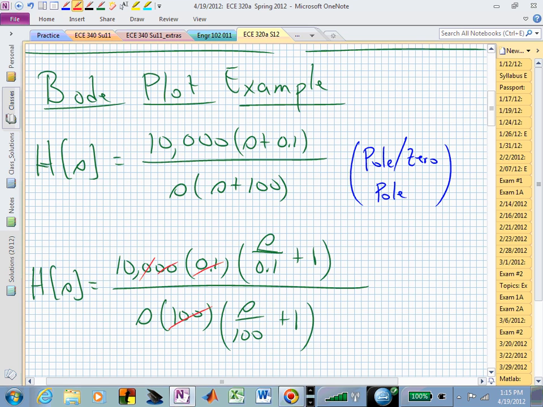You have two poles, each contributing minus 90, and you have one zero contributing plus 90. So at high frequencies, when S is getting big, you're letting S go to infinity, so to speak, you have plus 90, minus 180, so at high frequencies you should be at minus 90 degrees.